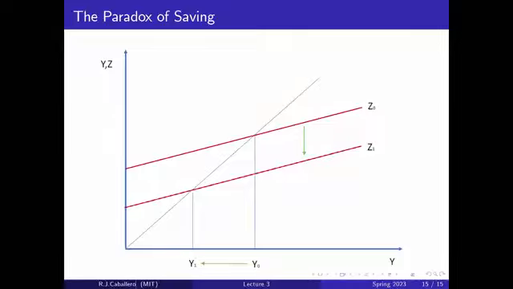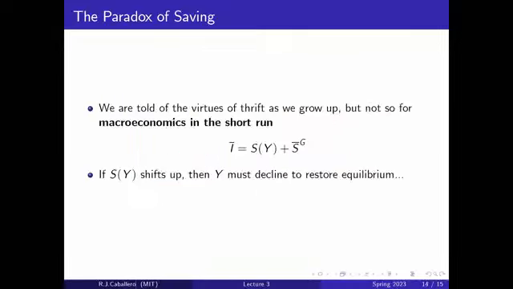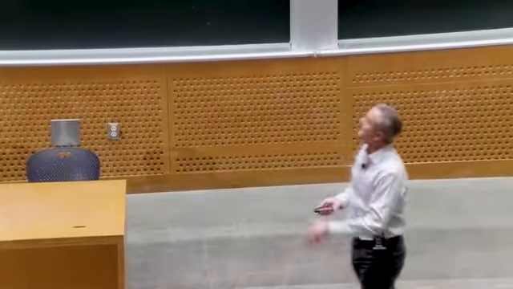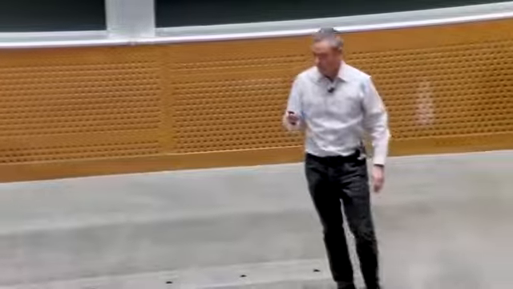So this is the way we characterized it before. This is a slightly different way of characterizing it, which gives rise to what is called the paradox of saving. Suppose you suddenly decide to save more, supposedly a good thing. Well, in the short run, it's not really good. It causes a recession. Anyway, it's cute, but it may show up in your future. So I wanted to remind you.